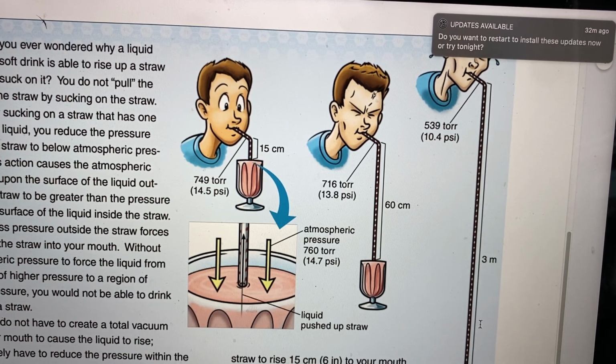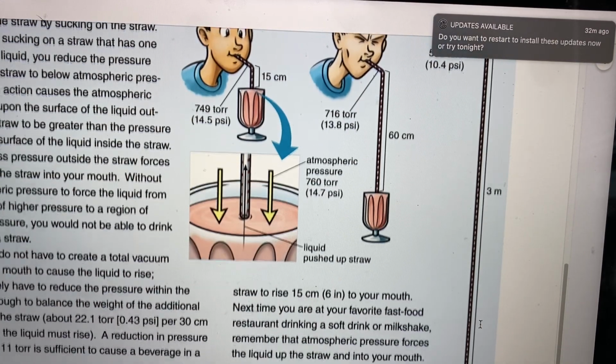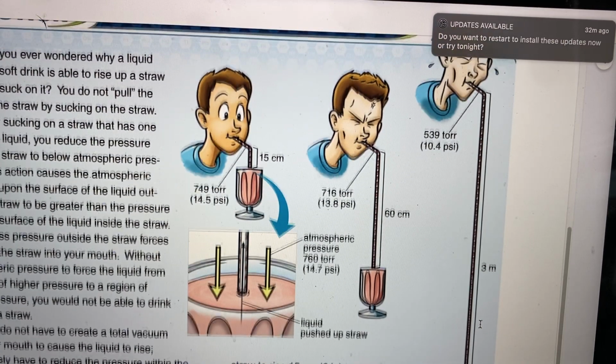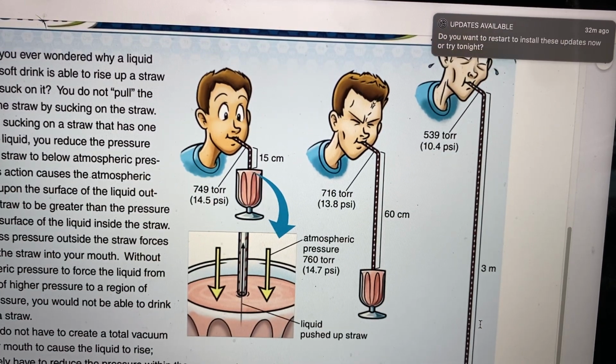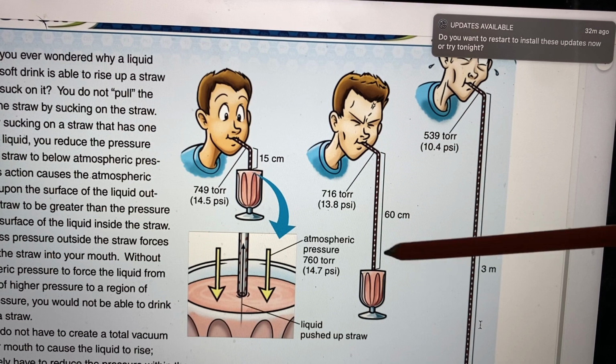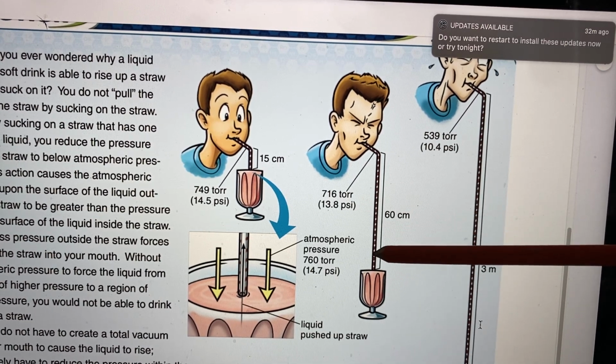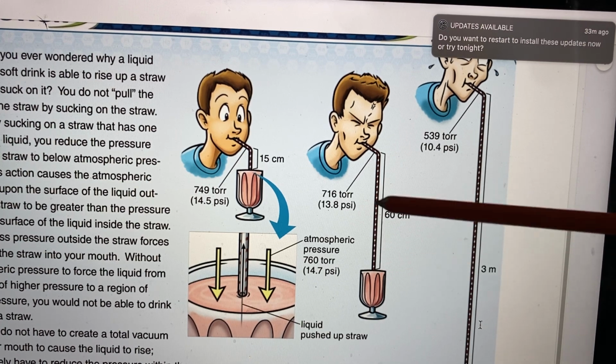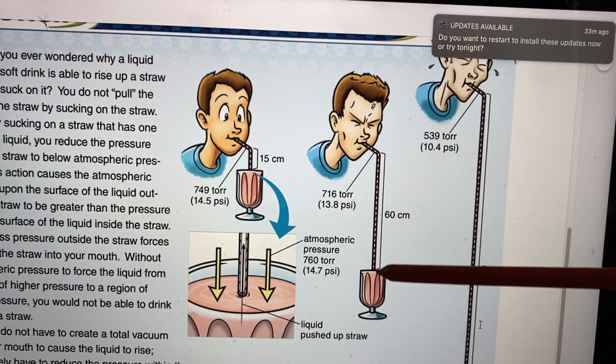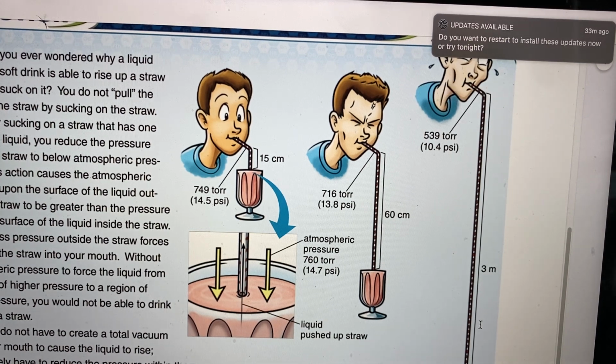So you see the difference here with the atmospheric pressure, or I should say the torr. You can see the atmospheric pressure is pushing down here, but as you're sucking on it, you let up the atmosphere and it turns to a vacuum, which brings up the liquid, just like that mercury thermometer.